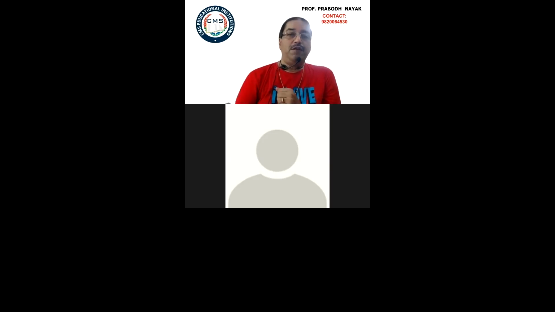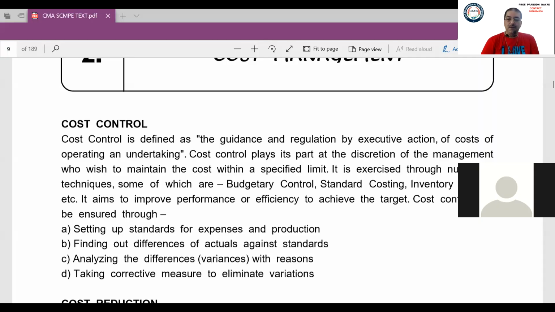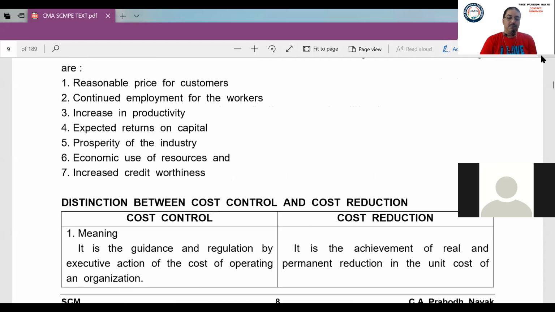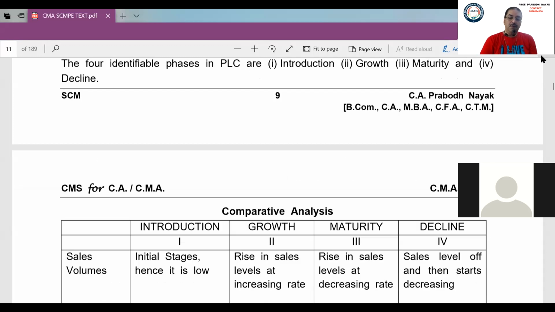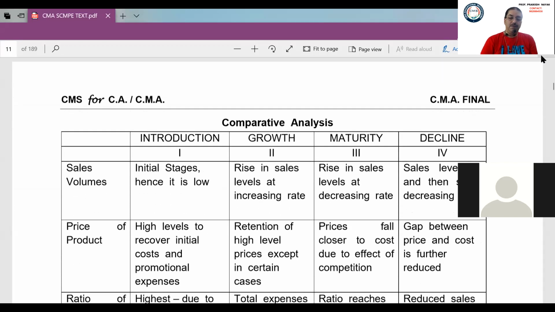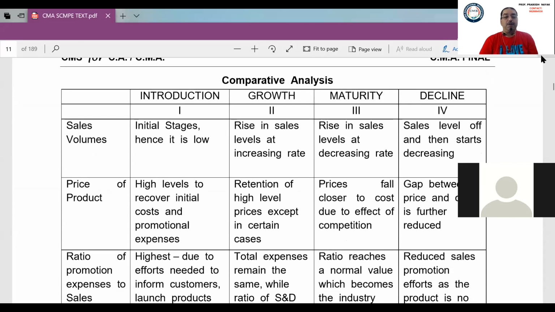What happens to the sales? Let us see. We'll come to the material given to you, your PDF file. Here we have the stages in the product life cycle: introduction stage, growth stage, maturity stage, and decline stage.